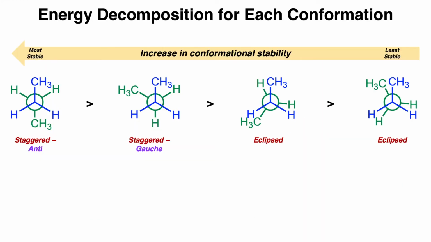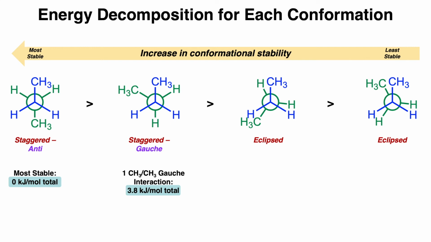So with those energy values in mind, we can decompose how much energy it'll take to form each of these conformations. So the staggered anti-conformation again is the most stable and costs 0 kilojoules per mole since there are no unfavorable strain interactions involved. Next, the staggered gauche conformation has one methyl-methyl gauche interaction which costs 3.8 kilojoules per mole.